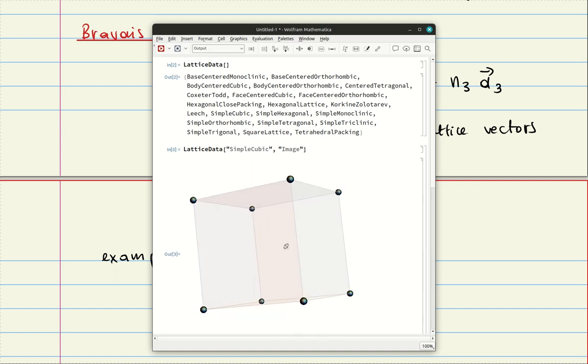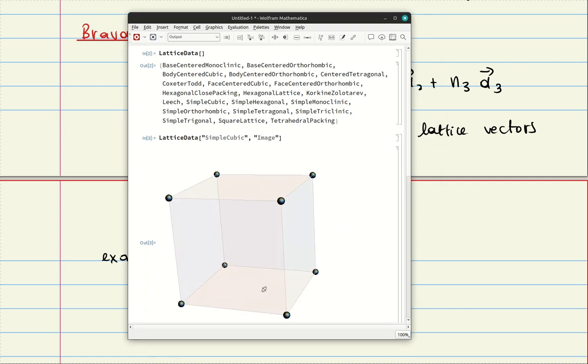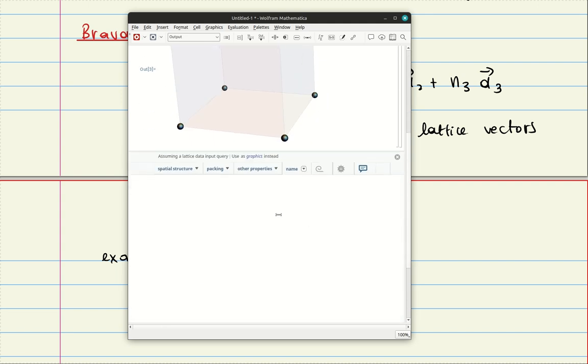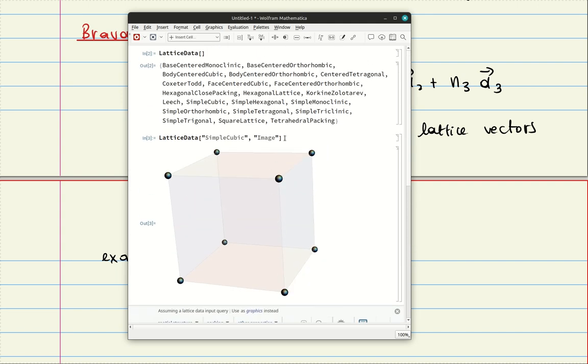You have to repeat this in all directions infinitely many times to get the full crystal structure, but the unit cell is something like this. Now you can also look at the basis vectors. Let me copy that.